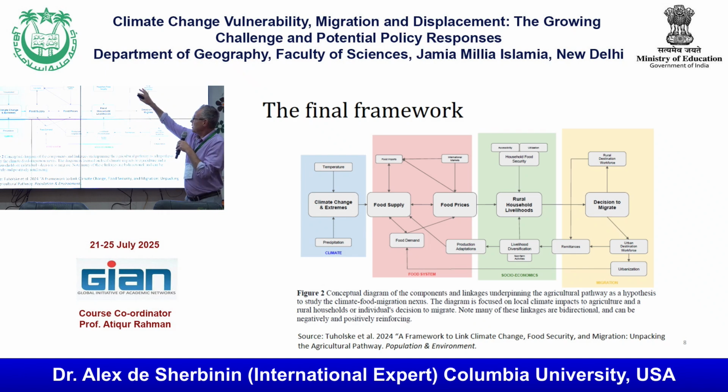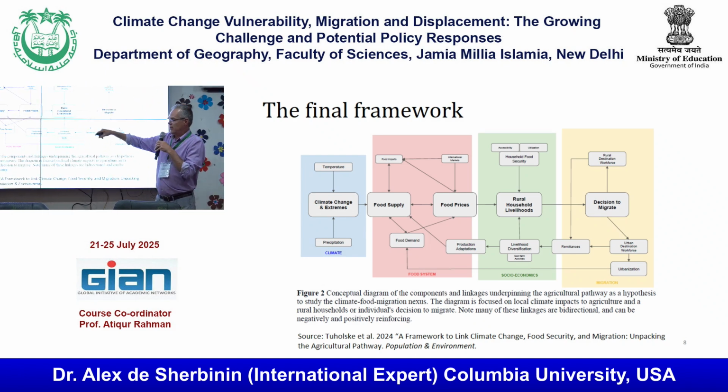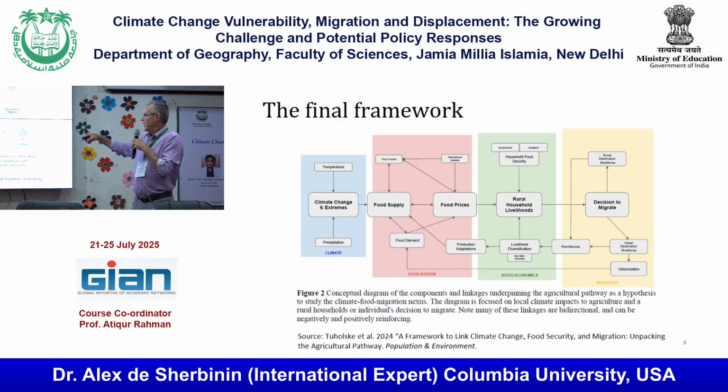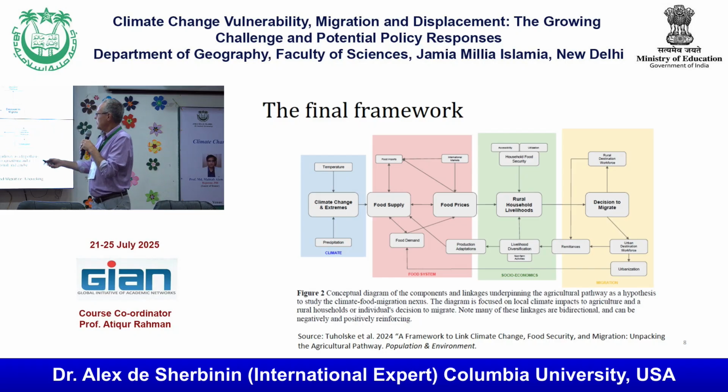So both household-level and general livelihood systems. These are things that would take longitudinal studies, meaning over time, of both climate factors and the food production system, and ultimately migration, to start teasing out exactly how these things interact. So that was the purpose of our article, just to say that we need to know more about what's going on in the middle here.